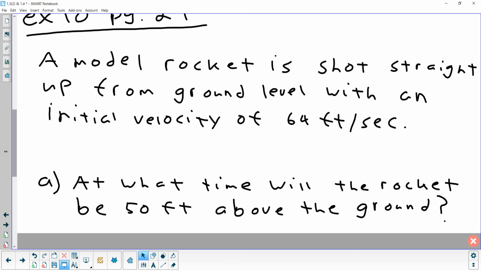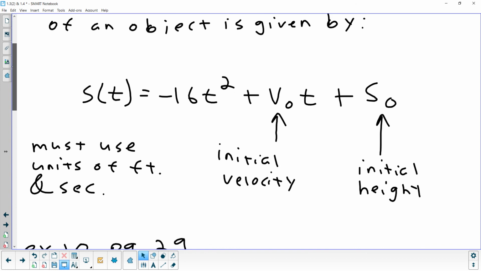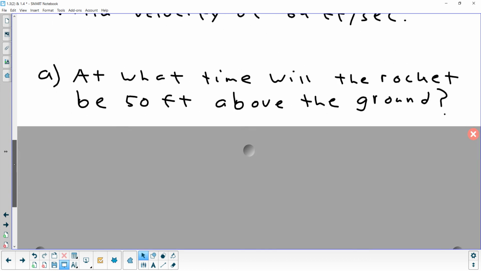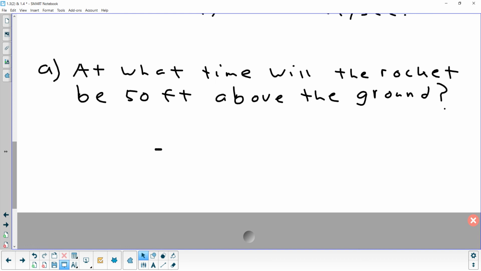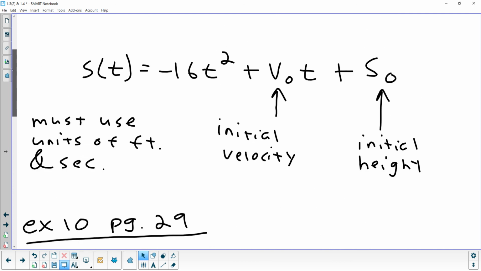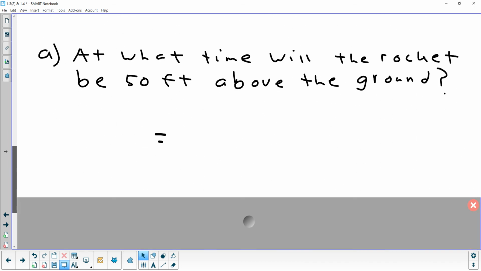Okay, so let's see if we can solve it. Let's use that formula and fill in everything we know. They're telling us height. They want to know when the object is 50 feet above the ground. The height is s of t. That's the height right there. So in this case, 50.